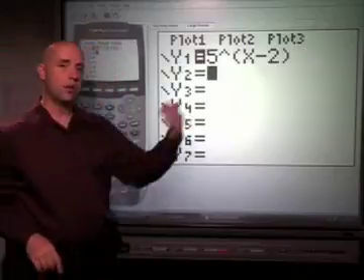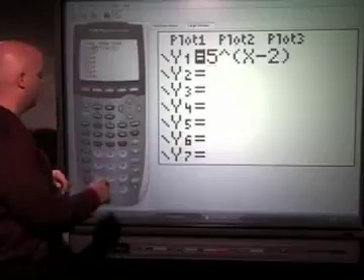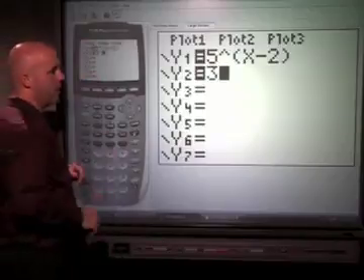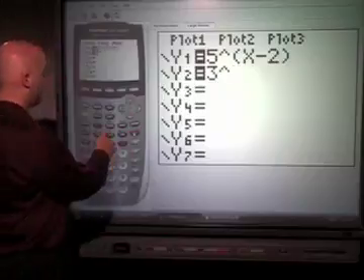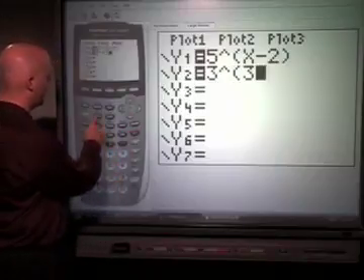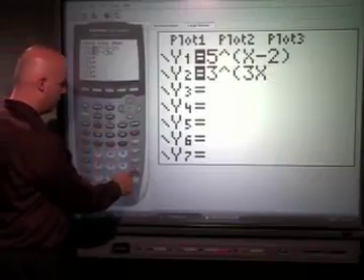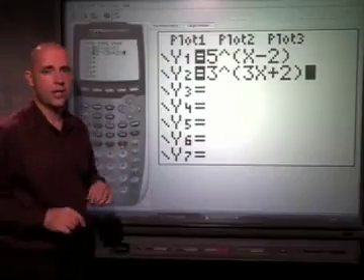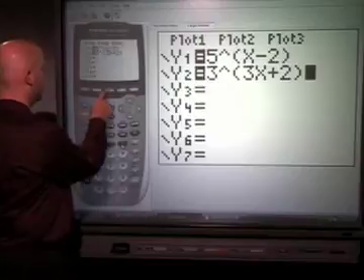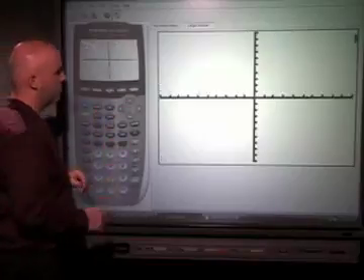In y2, we're going to enter the right side of our equation, which was 3 raised to the 3x plus 2 power. Again, we're going to use parentheses to group that power together. We'll have 3x plus 2. We're going to graph this on our standard viewing window by pressing zoom 6.